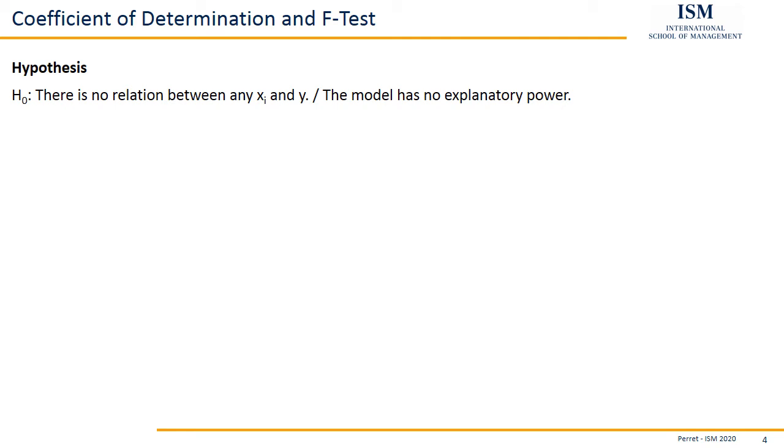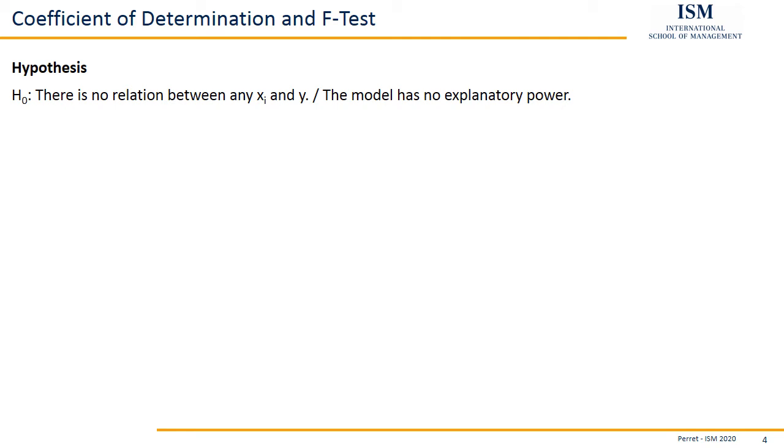And we can say H0 means that all the coefficients are 0 at the same time, or in other words, this means there is no relationship between any of our independent variables and the one dependent variable. Or again, put into different words, the model has no explanatory power.